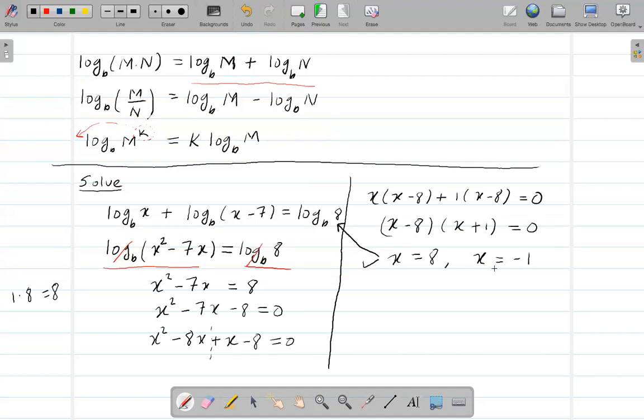But when you check x equal to negative 1, you will get log base b of negative 1 plus and so on. You can just do that on your own. But the thing is, log base b of negative 1, the log of any negative number is always undefined. So that's why this one is not going to work. Our final answer is just x is equal to 8.